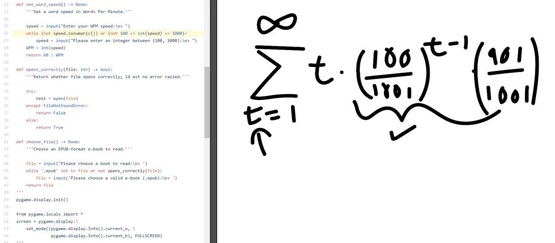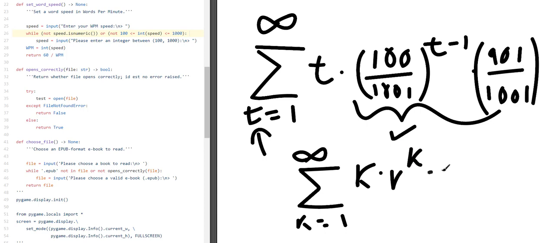We have one formula that we can use in this context, and the formula I want to suggest is that the summation from k equals 1 to infinity of k times r to the k is equal to r over (1 minus r) squared.